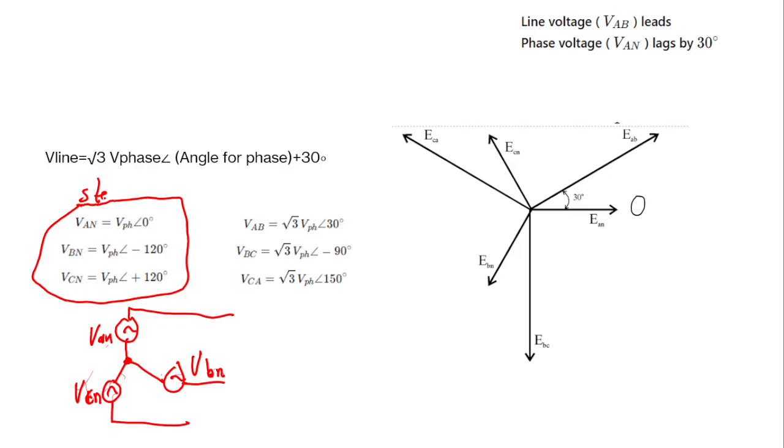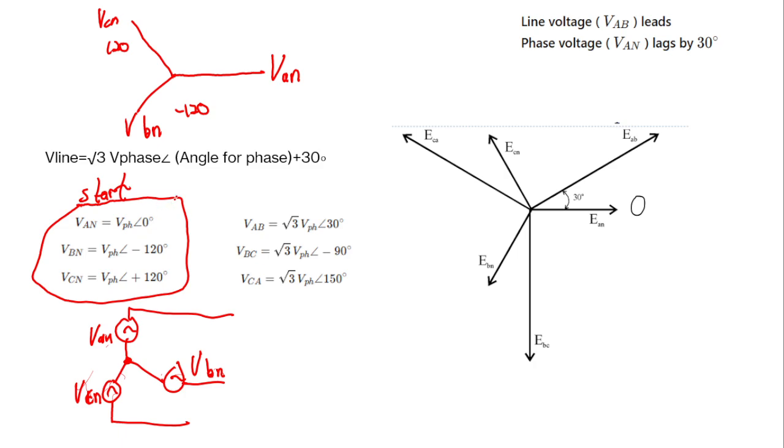So AN is the phase voltage and AB is the line voltage. Anytime you measure in between letters, it is line. So you have VAN, 120 this way could be VBN, which is minus 120, and 120 this way could be VCN, which is at 120 degrees.